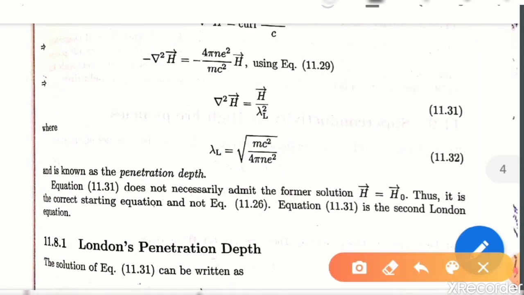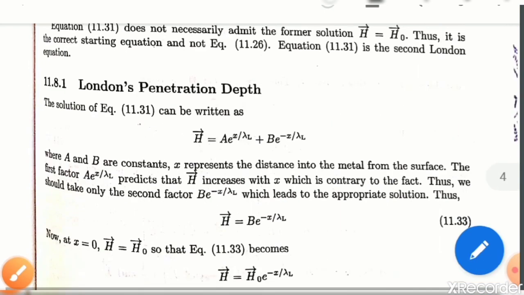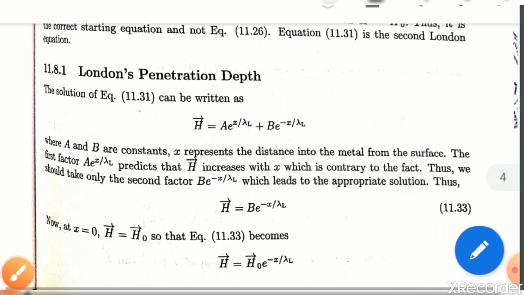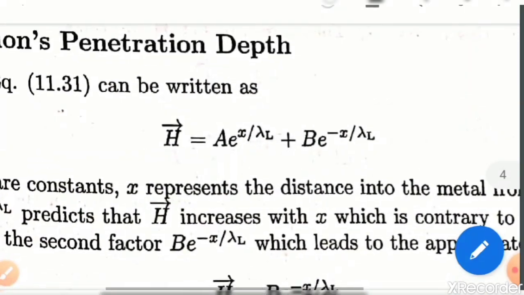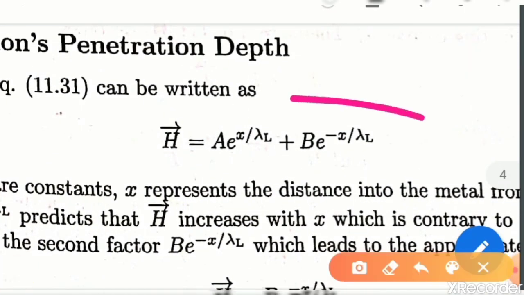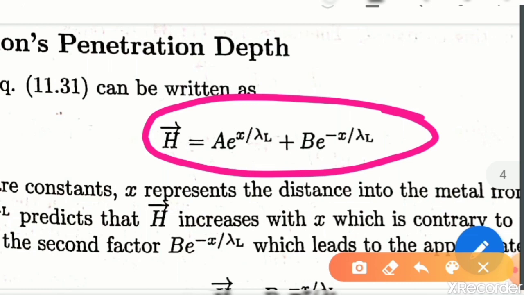Now, the first factor, e to the power x, predicts that H increases with x, which is contrary to the fact, because as we move inside the specimen, as x increases, the field should decrease to 0. But the first term, being a positive exponential, indicates that it increases to higher values.